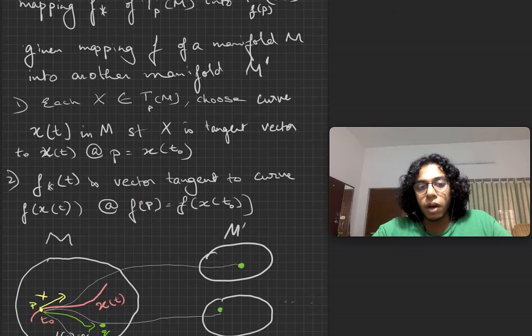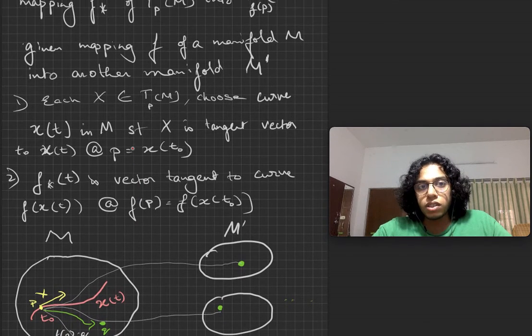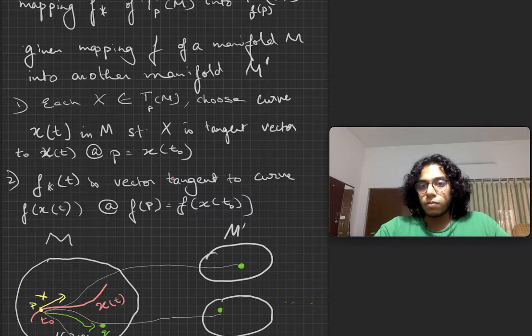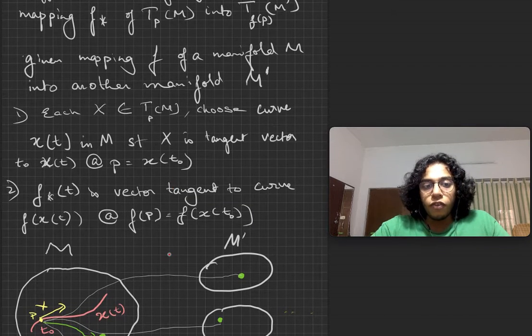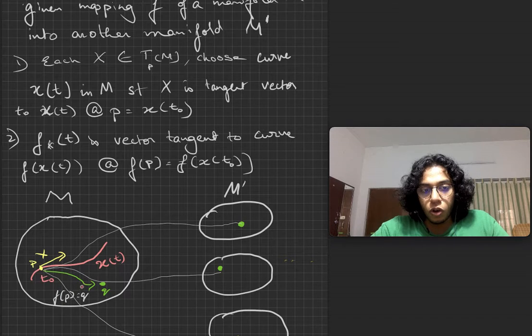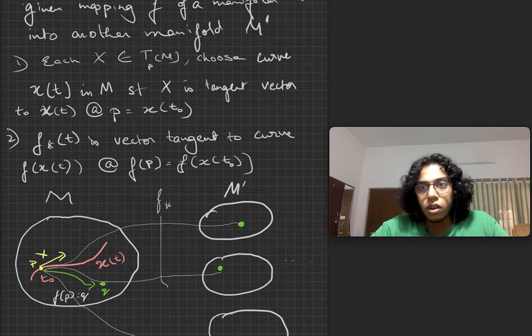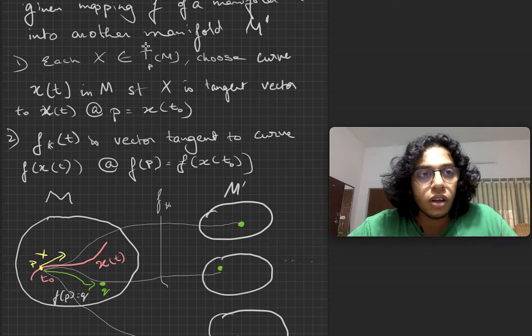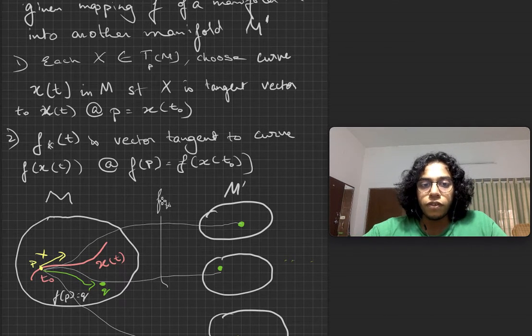More clearly, f of p gives you the mapping on M itself, whereas your f star, let me write it down here, is all these mappings that you have.